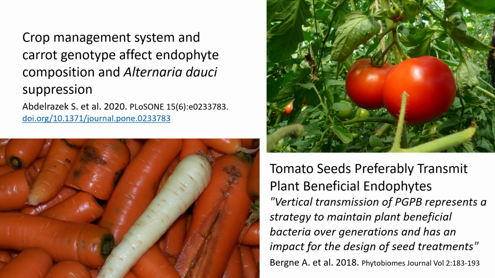Carrot cultivar also had an effect on microbial composition. Some microbial species favored by organic systems were shown to favor seed germination, seedling growth, and tolerance to Alternaria dauci when inoculated on seeds too. Authors conclude that carrot breeders could potentially begin to select for these beneficial plant microbial relationships.